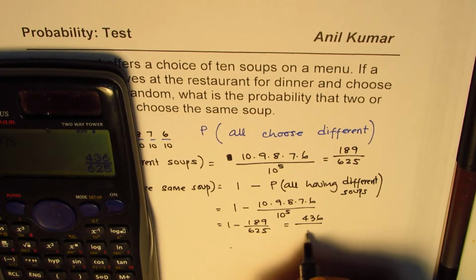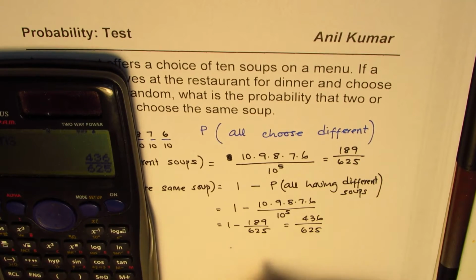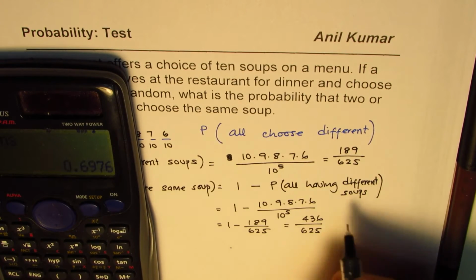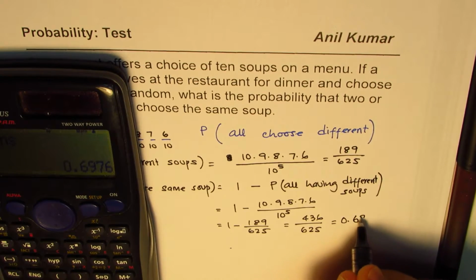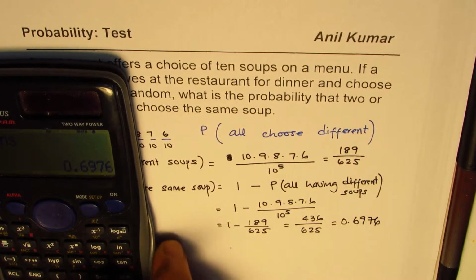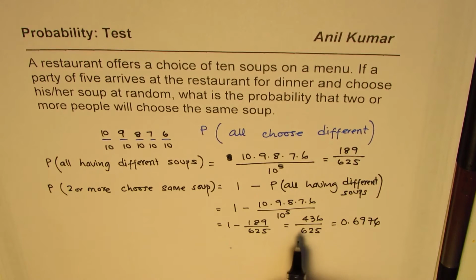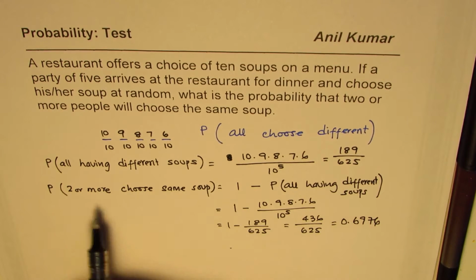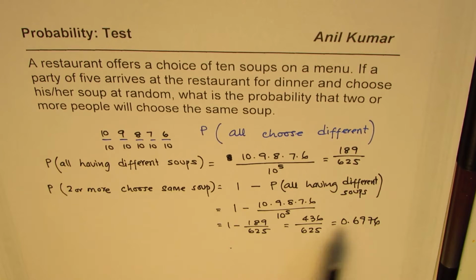So it is 1 minus the answer, and it is equal to 436 divided by 625. You can write it in decimals if you want, which is 0.6976. So it is almost 70% possible that 2 or more will choose the same soup.